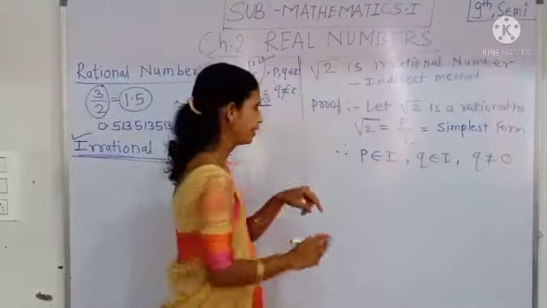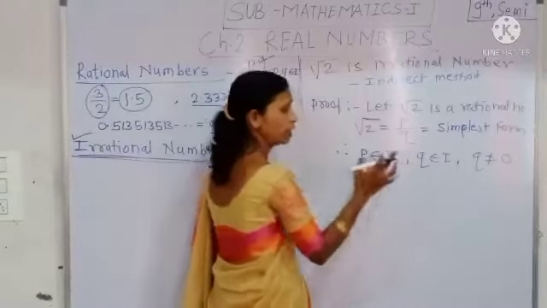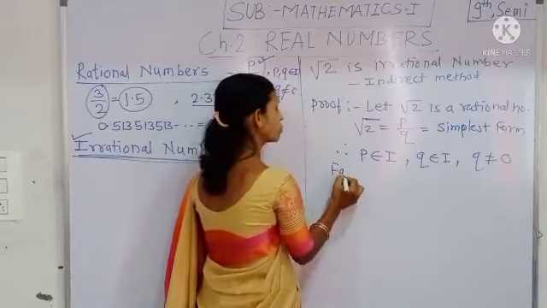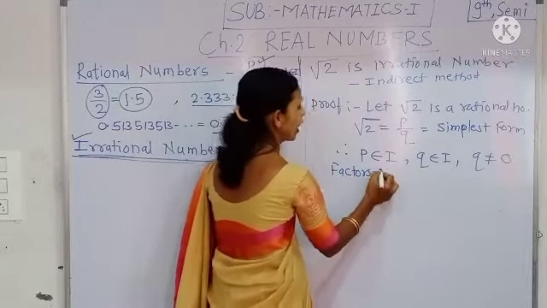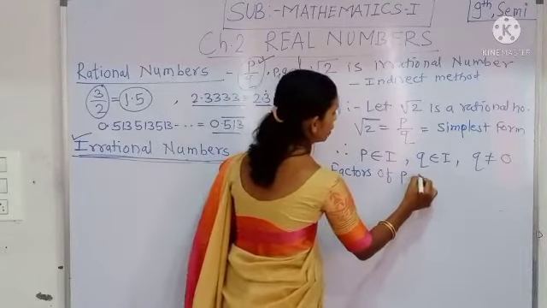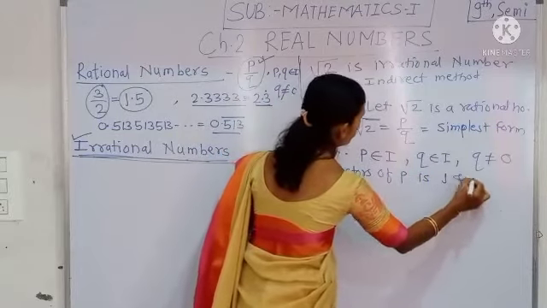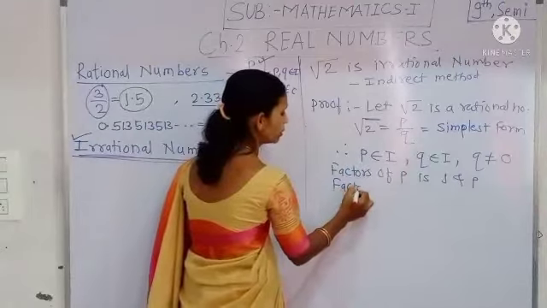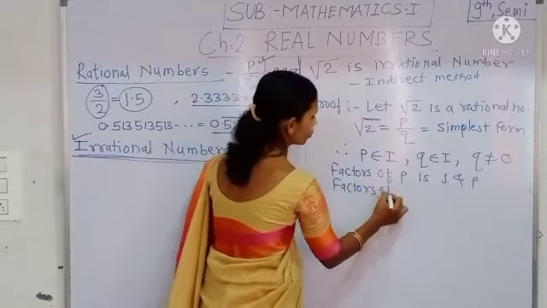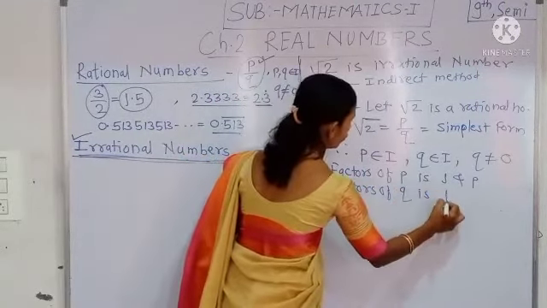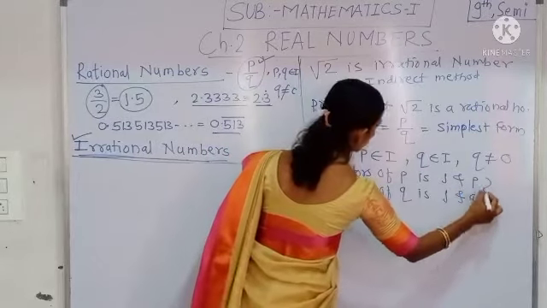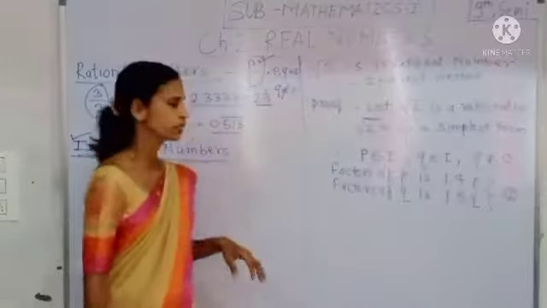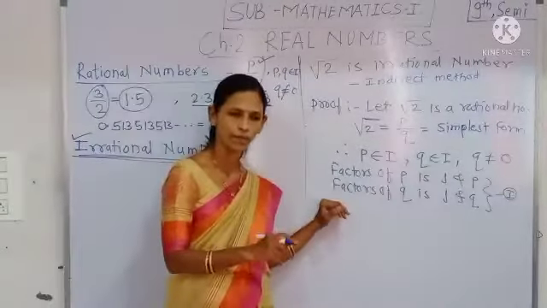And here, as P and Q are integers, therefore, here factors of P are 1 and P only, as well as factors of Q are also 1 and Q only. That is the statement number 1. Let us consider this statement number 1.